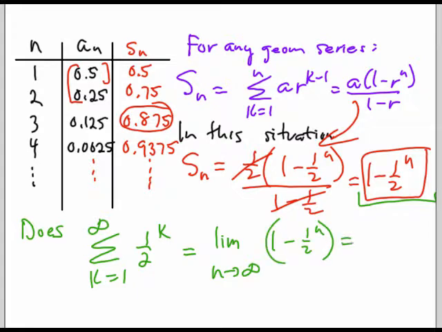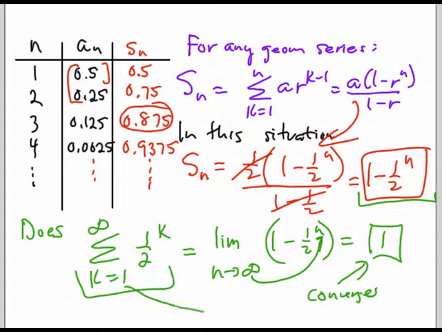So if we evaluate this limit, if we take half to the infinity, that's going to go to 0, and so 1 minus 0 would be 1. So it converges to 1, which means our infinite series converges to 1, and the meaning of the 1 is the sum of the series.